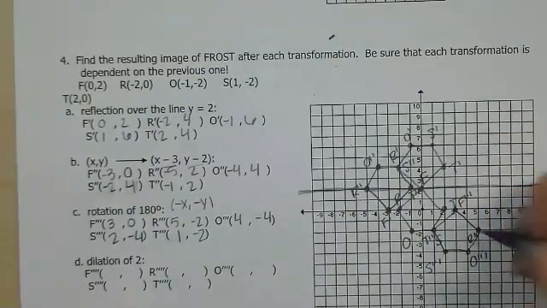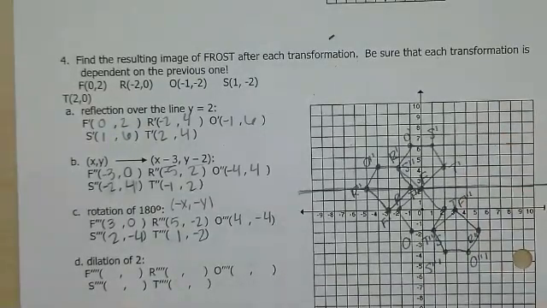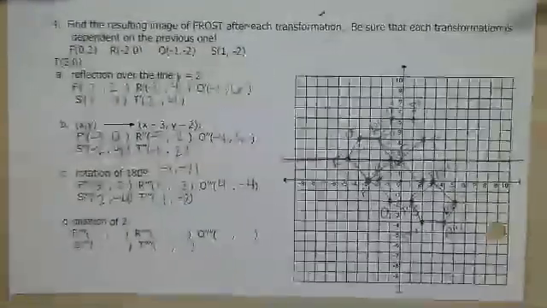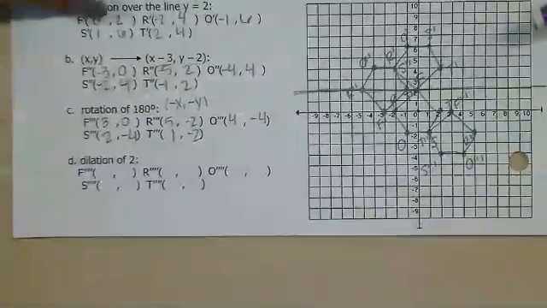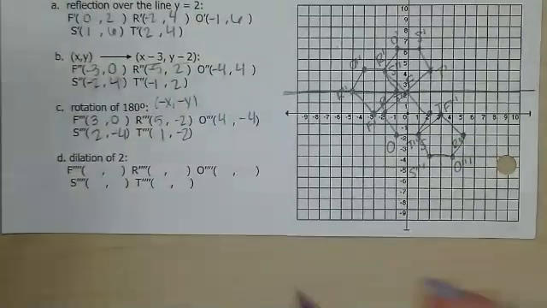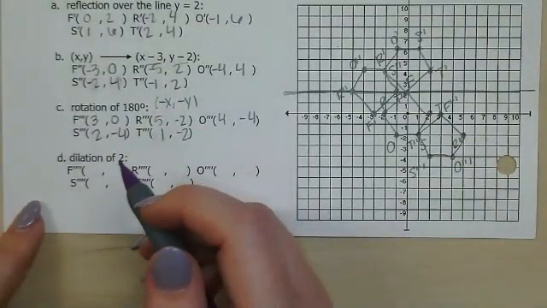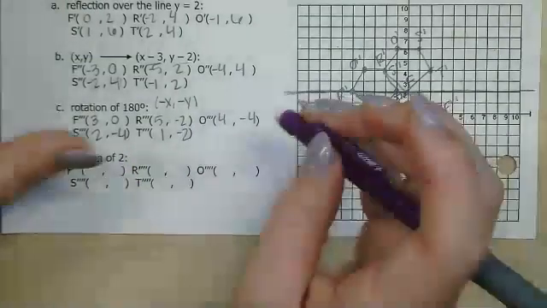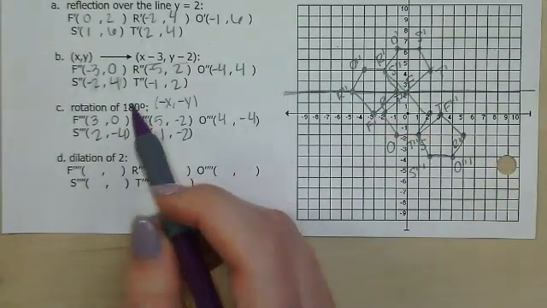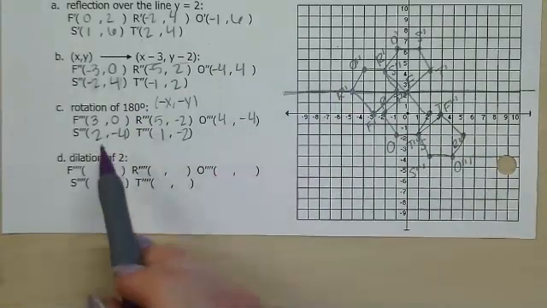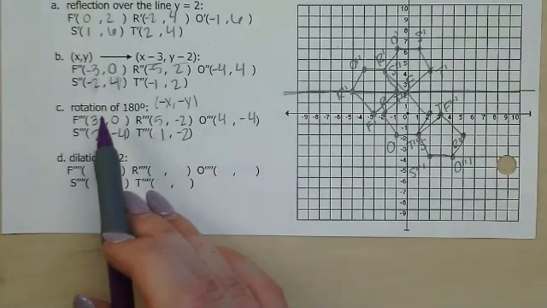All right, and then the last change says dilation of 2. How do I dilate it by 2? Multiply by 2. So if I multiply all my values from the points above by 2, oh, I didn't switch them, did I? So should have been, no, I had that right.